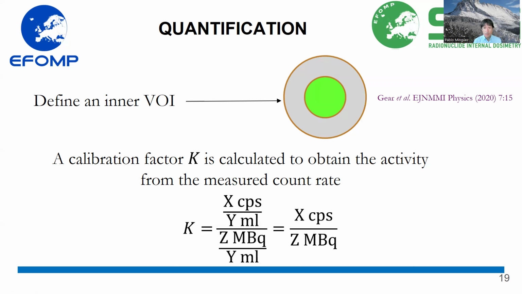So the calibration factor will be the count rate in that volume divided by the activity concentration in the phantom. So that will be the calibration factor.